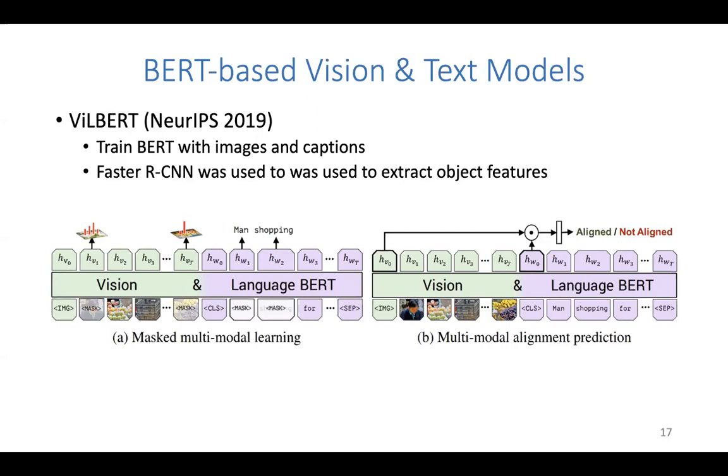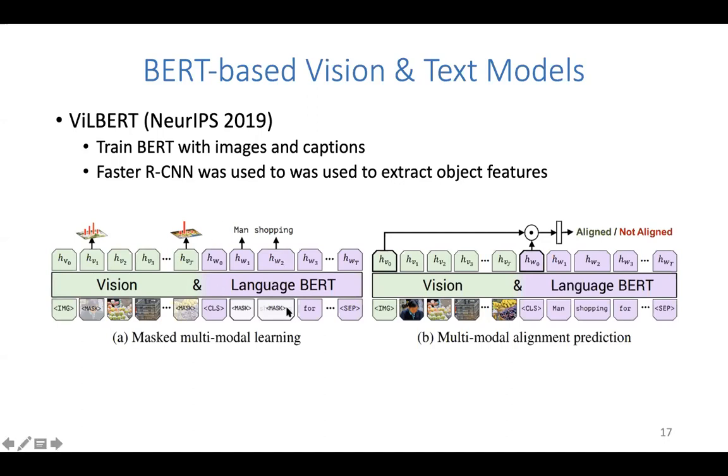So faster RCNN would extract a boundary, a box for each object in the image, and then that box can be converted to a fixed size vector to represent a feature representation of that box, and then that can be seen as another token embedding from the image.